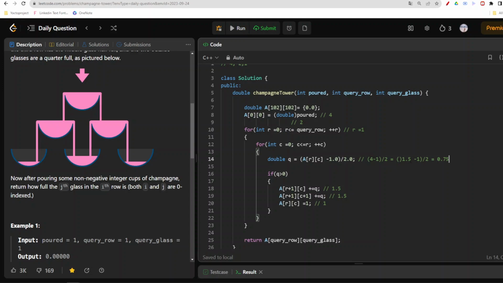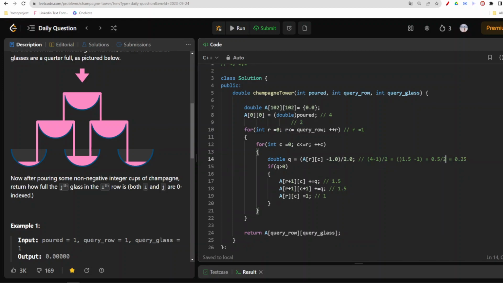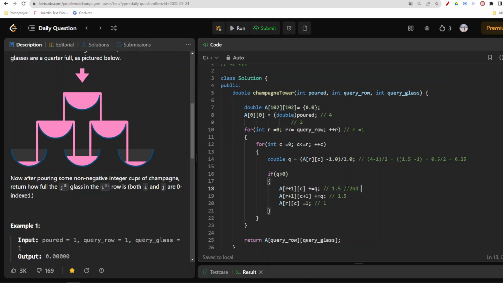So it will become 0.5, and when we do half of this 0.5, it will become 0.25, right? So when we do half of it, it will become 0.25, and this 0.25 will get accumulated to the next glasses, means the next level, basically the second level, this one.